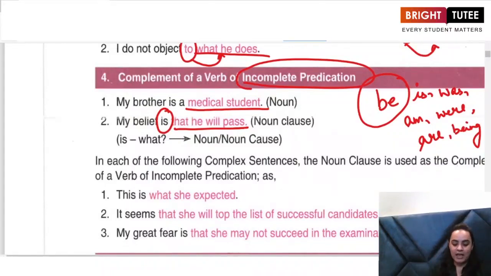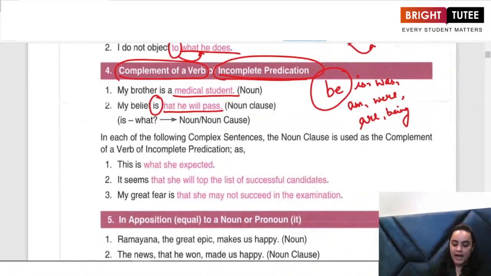Just understand. When it is a verb which is incomplete in nature, that noun clause is known as clause of incomplete predication. Look at the next sentences. That is what she expected.